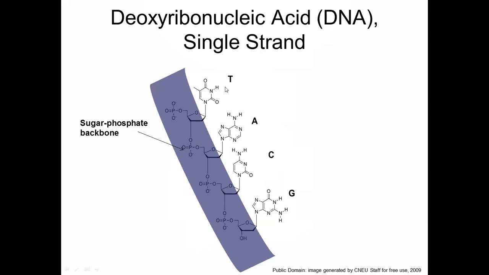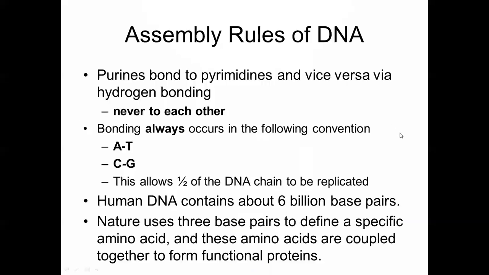And if we would consider three of these, like TAC, we would say that that is a codon. And then the next three, G, whatever it is, X, CC or whatever, that would be the next codon. So these sets of three are actually going to be encoded by the body to give us a specific amino acid, which is going to be integrated into a protein.